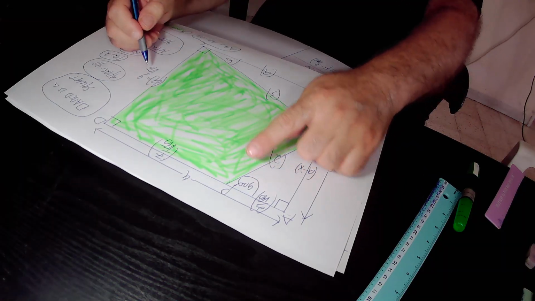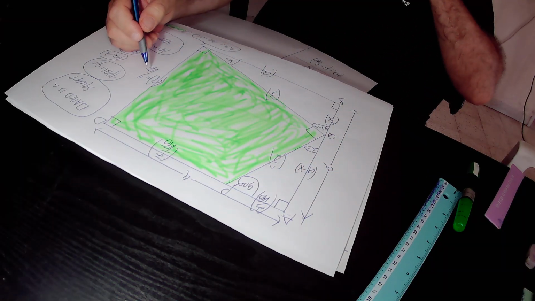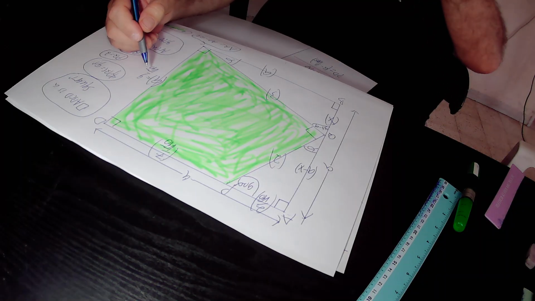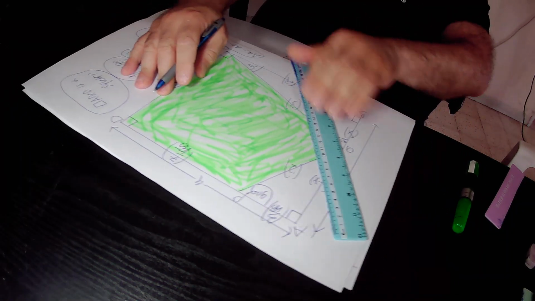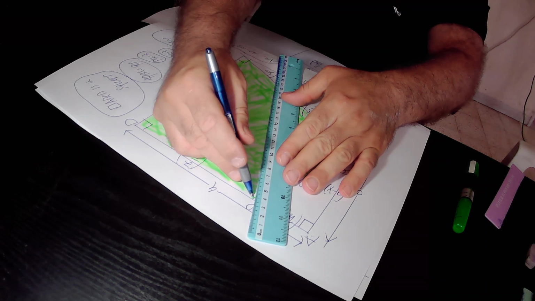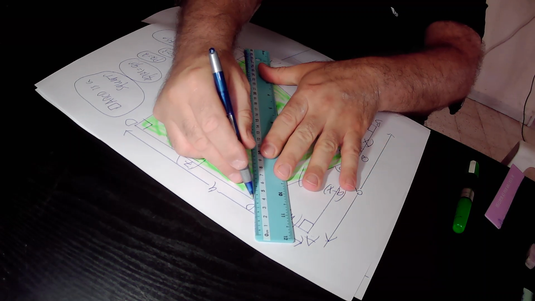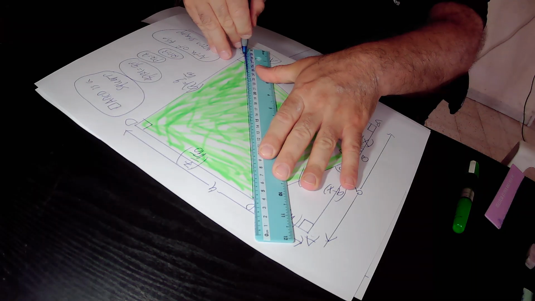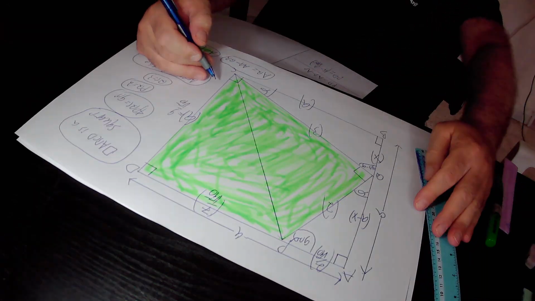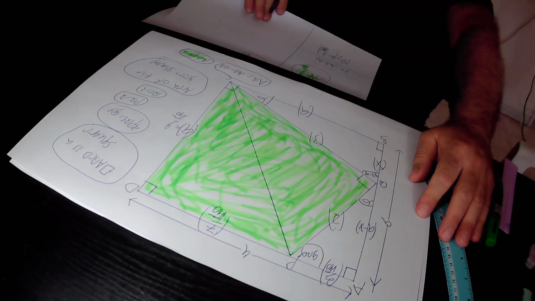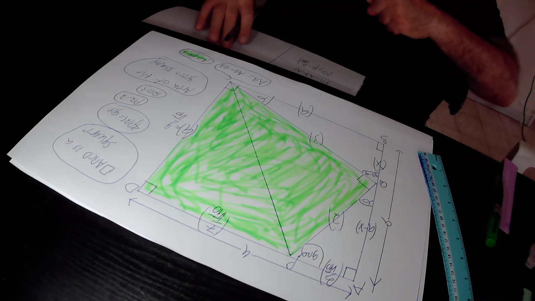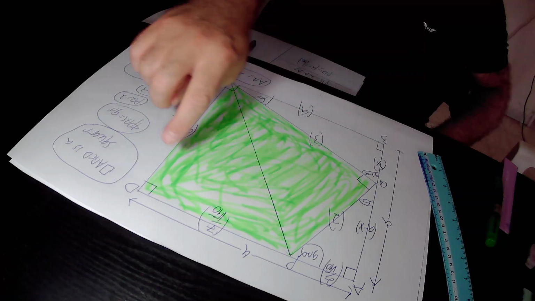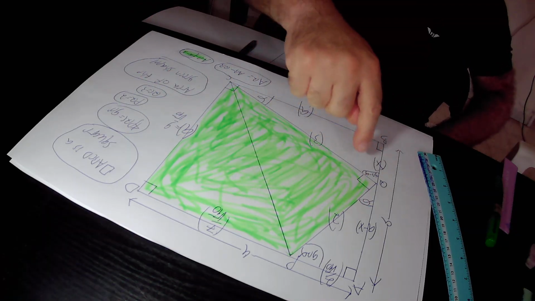In the next step, we'll join points P and C together by a straight line. By joining points P and C, we get two right triangles, the right triangle PDC and the right triangle PQC.